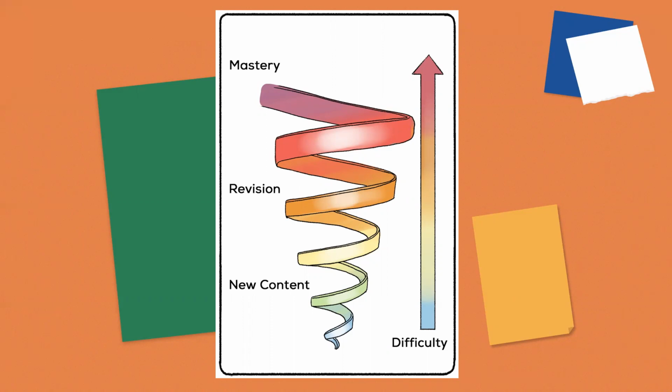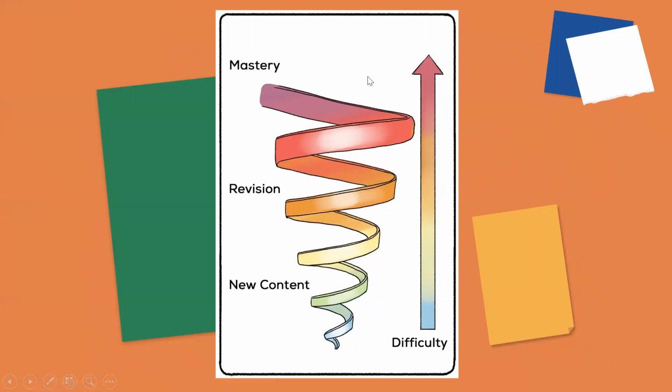If we look at this picture at the bottom, we have the new lesson, in the middle we have revision, and on top we have mastery. That's why it's called spiral curriculum, because it goes in a spiral manner. And the difficulty is increasing as well.